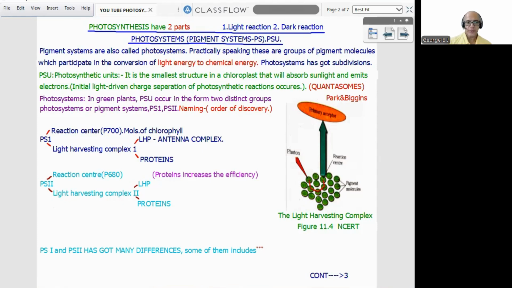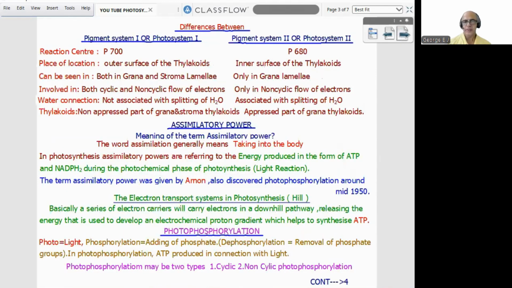So we can proceed to the next area where PS1 and PS2 have many differences. Famous theory and entrance question, and some of them include, not all, many are there. Some of them include differences between pigment system 1 or photosystem 1 and pigment system 2 or photosystem 2.